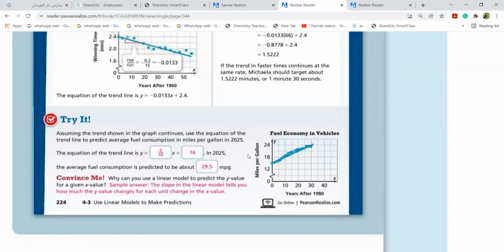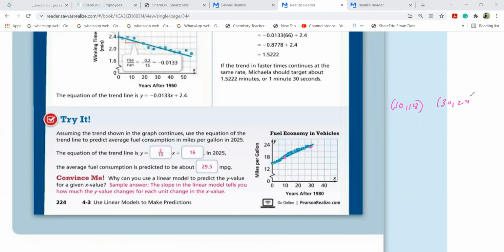How do I get 3 over 10, girls? Anybody who can find the slope for me? Let us see. I can take any points, there are so many points. Like here, (10, 18), and then here, (30, 24).